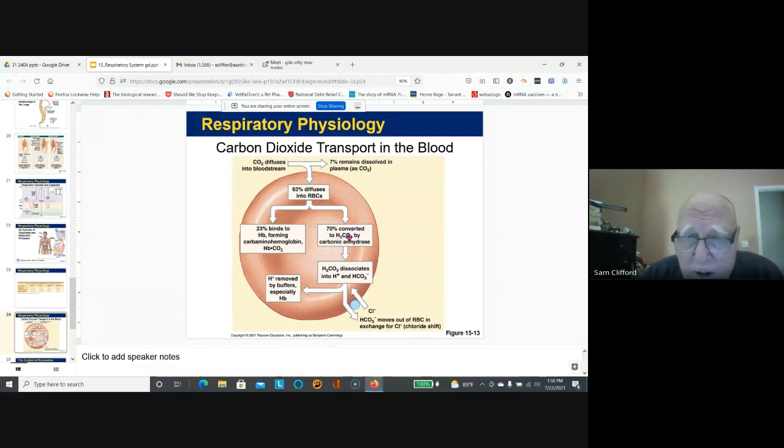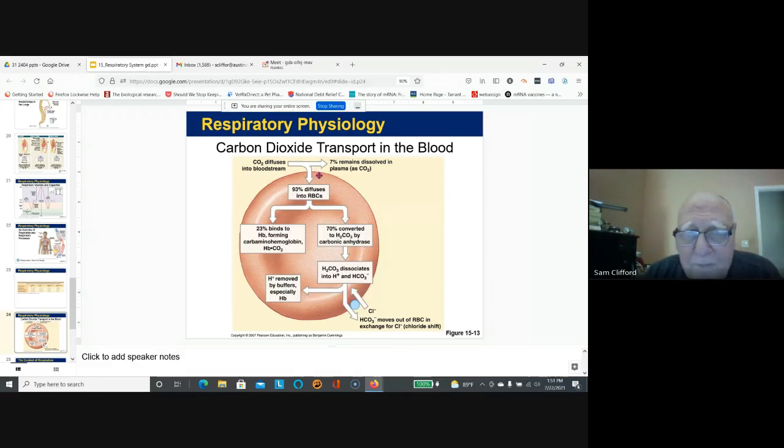CO2 plus water leads to carbonic acid, and the enzyme that converts that very quickly. The bicarbonate is moved into the plasma, and the H+ is buffered by hemoglobin. But because of this negative charge of bicarbonate leaving, you have what's called the chloride shift.